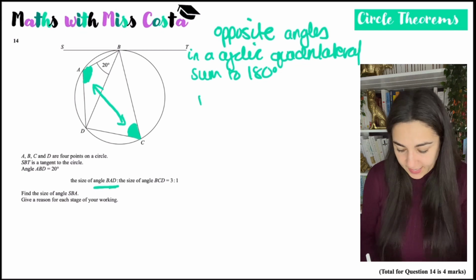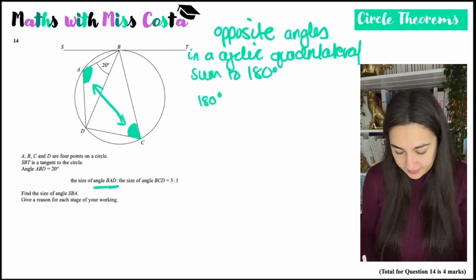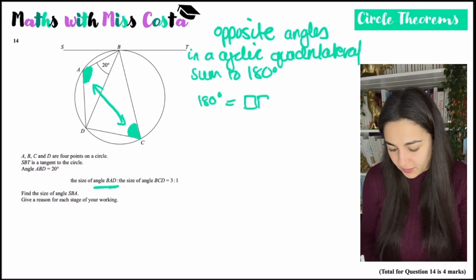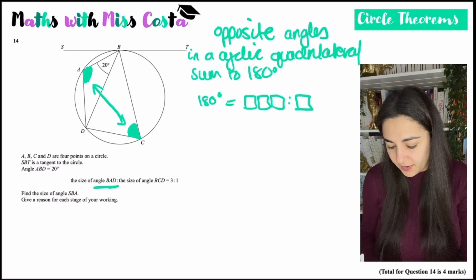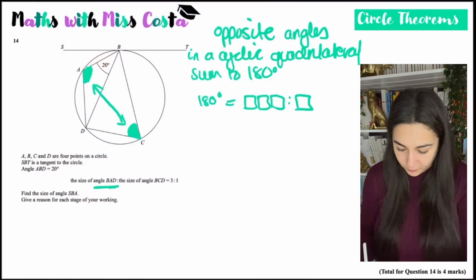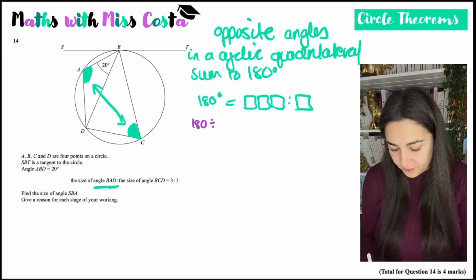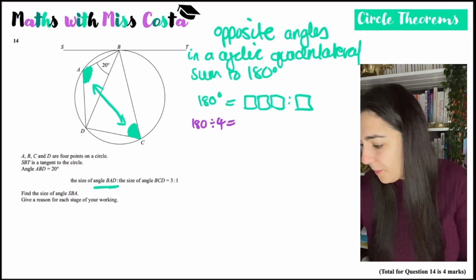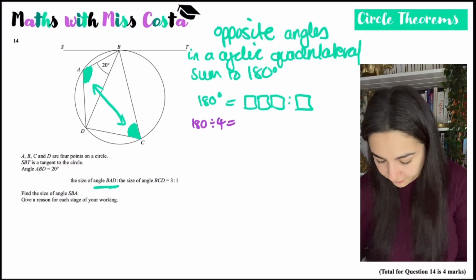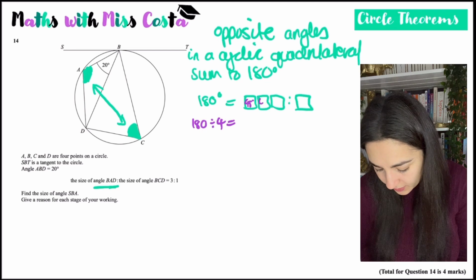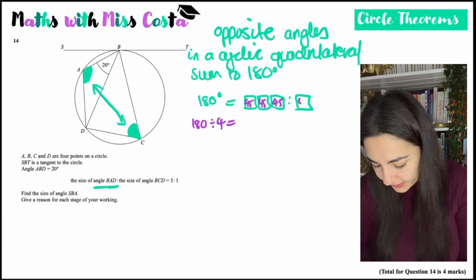Let's say 180 degrees is split into the ratio 3 parts to 1 part. So in total, it's split into 4 parts. 180 divided by 4 is 45. So each little part is going to be 45 degrees.